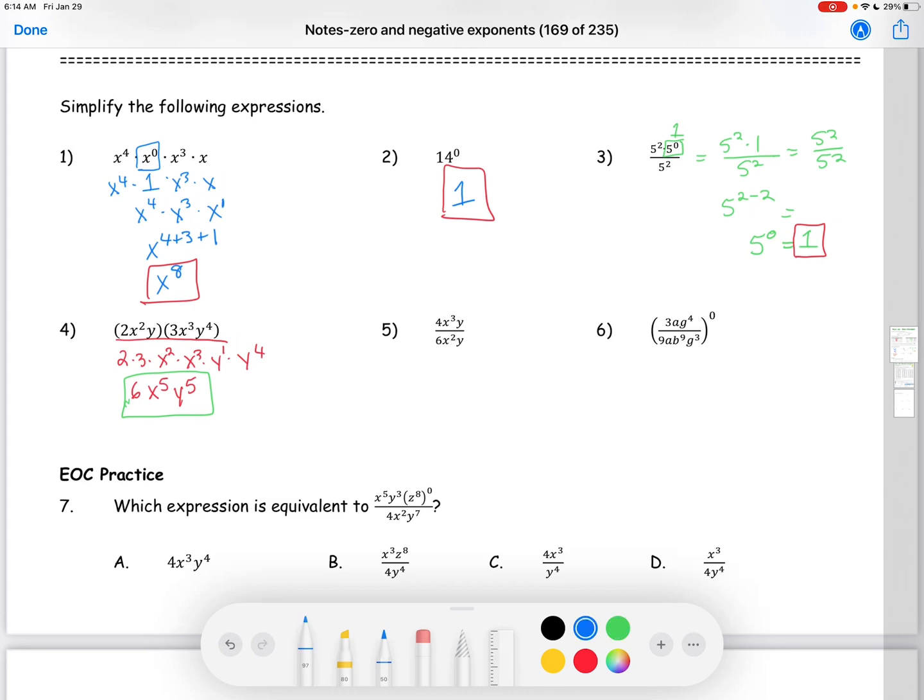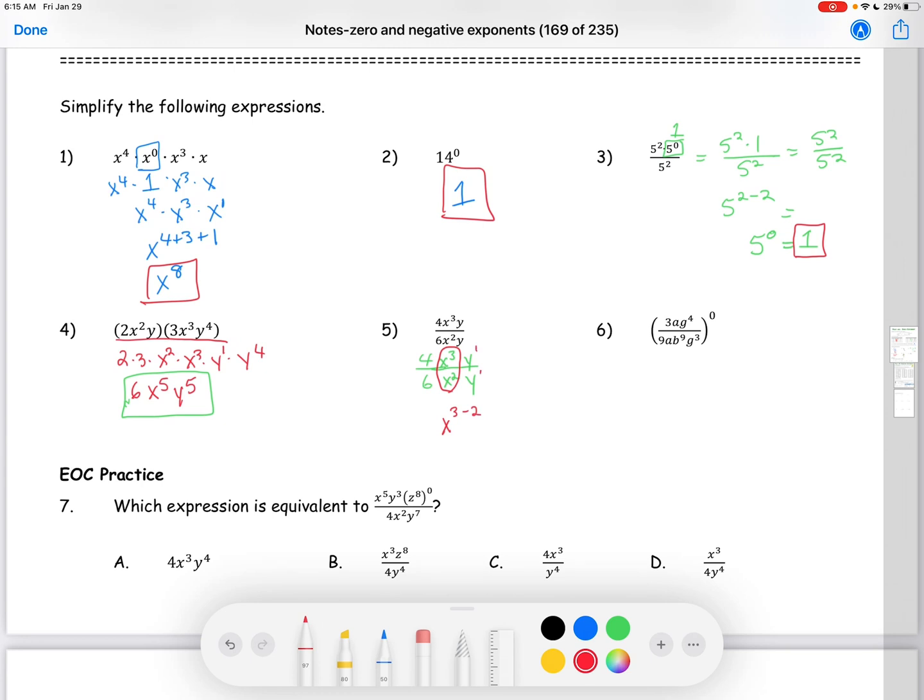All right. So this next one says 4x to the 3rd y over 6x squared y. So we're going to keep this 4 over 6 for now. But let's look at our x cubed, x squared, and then y. We know that we can use our quotient rule here. x cubed over x squared becomes x to the 3 minus 2.